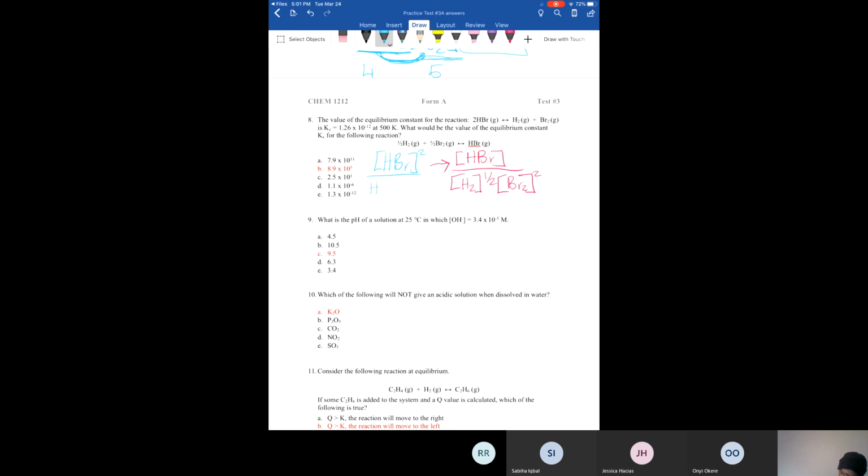So if you ever get confused, I would say just write out your expression, so you can see that this here is the square root of this. So you take your K constant and you take the square root in order to get that. Yeah, I'm going to verify. Huh. At 50 Kelvin.